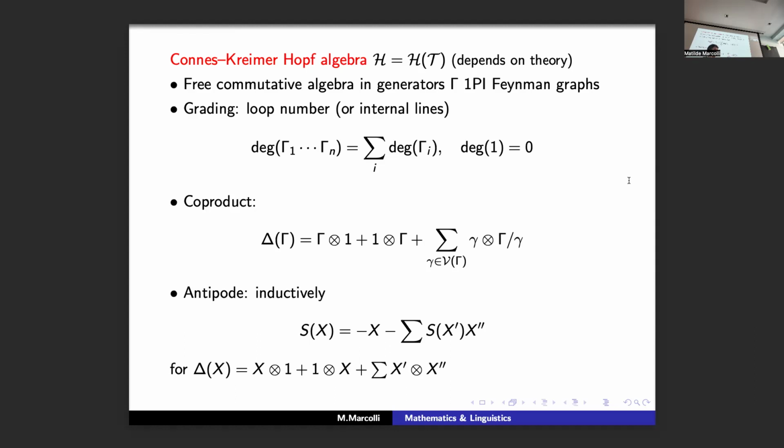This plays the same role as the way we've seen the coproduct playing a role in the definition of merge in the linguistic setting, because you want to be able to extract substructures and look separately at a substructure and what is left.